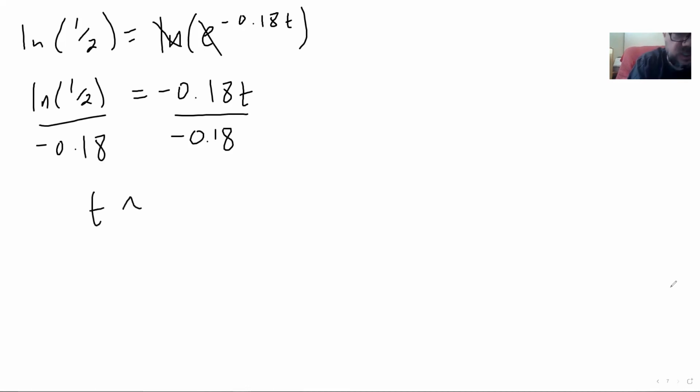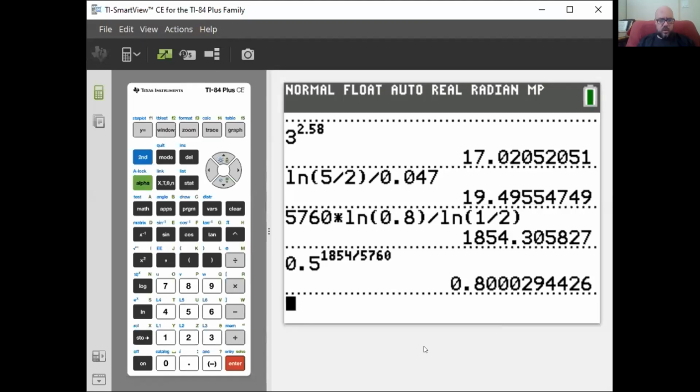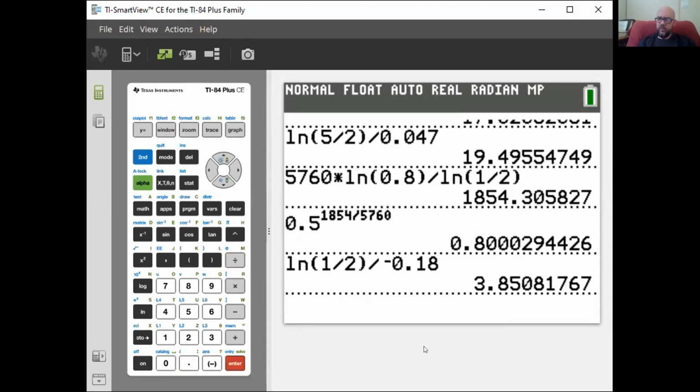So I'm going to get t is approximately equal to, and of course we'll go to the calculator. The calculator says the natural log of a half divided by negative 0.18 is 3.85. Why would that be positive?